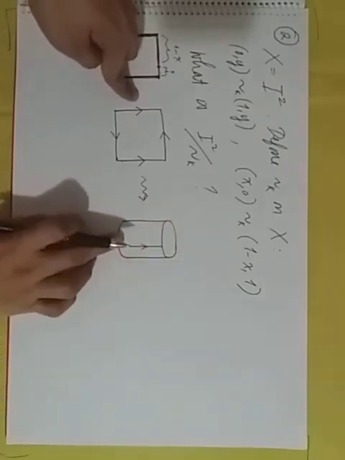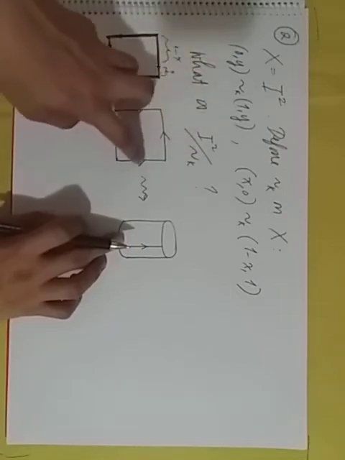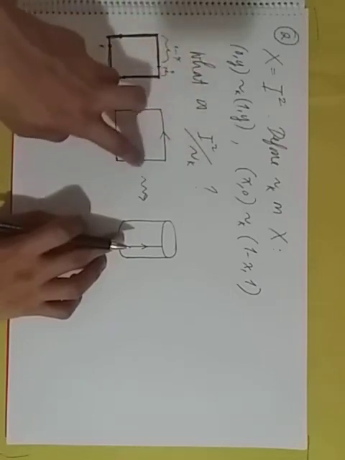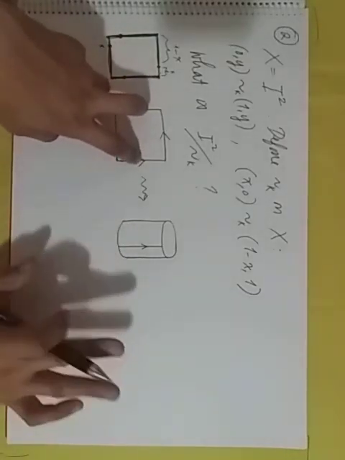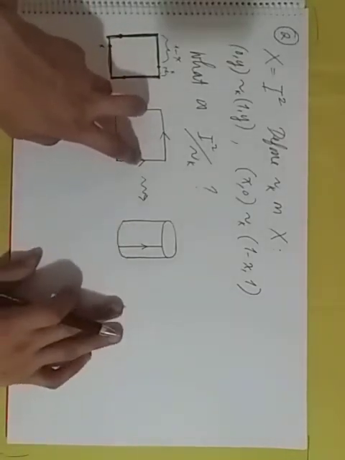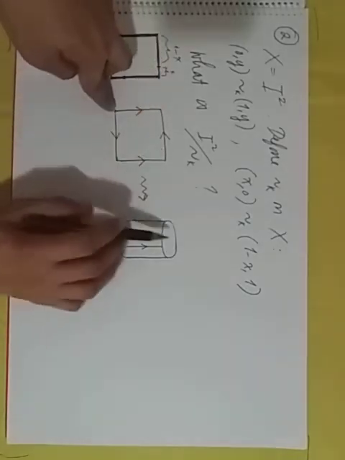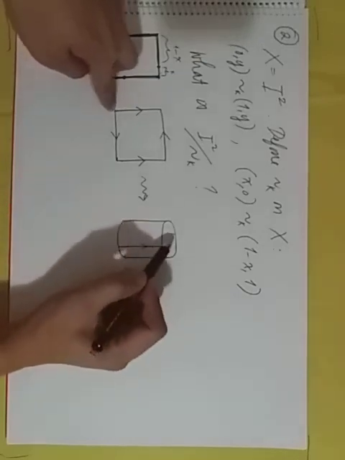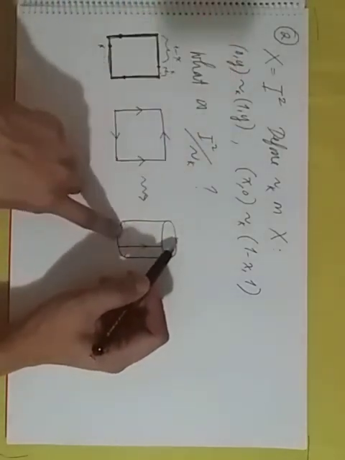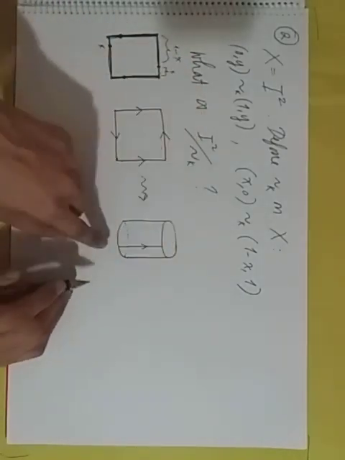Hindi pa ito yung final space, hindi pa ito yung I squared modulo tilde kasi few points, yung some points pa lang yung nako-collapse natin into one. Hindi pa lahat ng equivalent points. Maliwanag. In particular, points here are also equivalent to points here. Pero dito, in this drawing, you can still see na they stand as different points. Maliwanag. So this is not yet this space. Maliwanag. This is just an intermediate space.